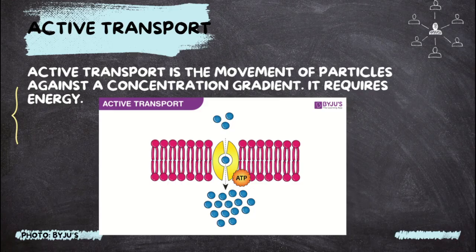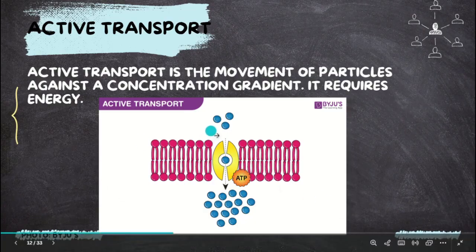They don't need any energy in order to move across the membrane, none whatsoever. Active transport is the only one that needs energy in order to move molecules across the membrane, and it's also the only one that moves particles against the concentration gradient, right? So that's the main difference between active transport and the other three methods of passive transport that we spoke about.